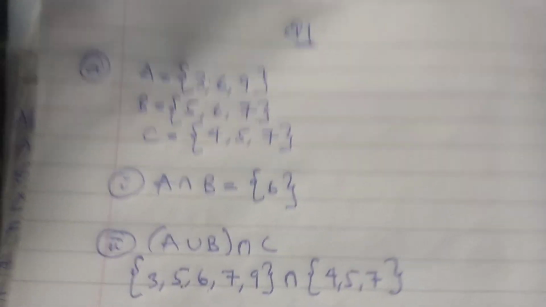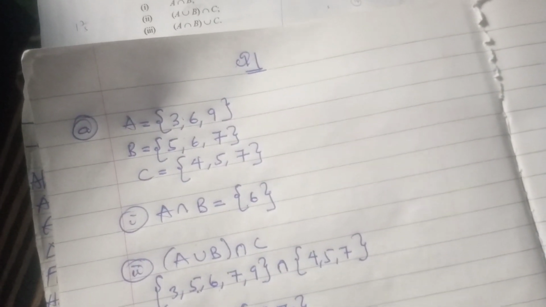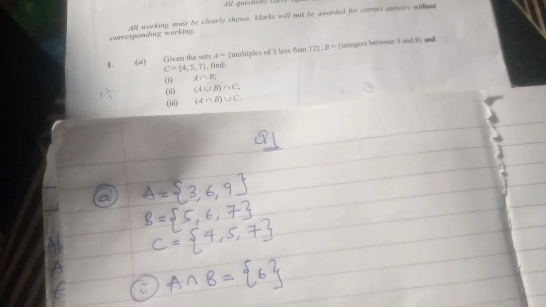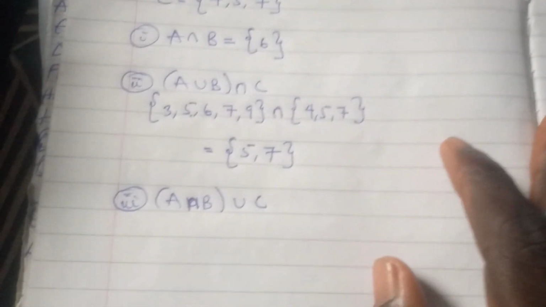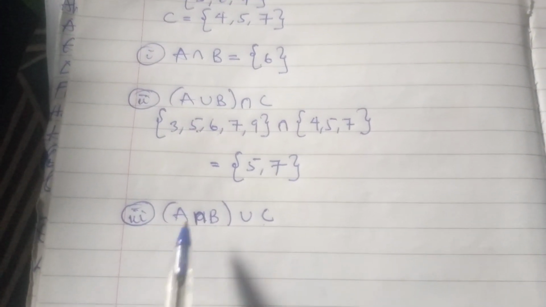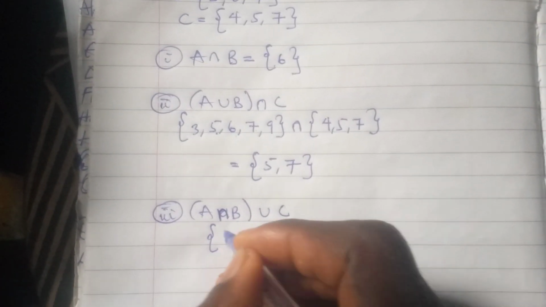Then we go to the III. Then we have the bracket of A union B. Sorry, bracket of A intersection B union C. So the bracket of A intersection B union C. Okay, so what is A intersection B? A intersection B is 6. So we list this one. The set here is 6.